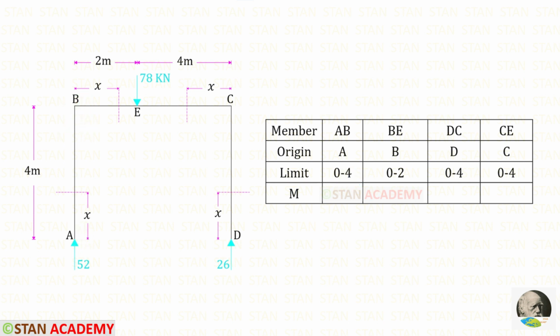The limit for BE is 0 to 2. The limit for DC is 0 to 4. Limit for CE is 0 to 4.